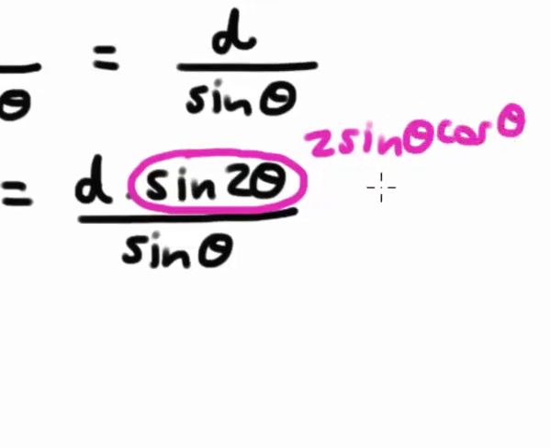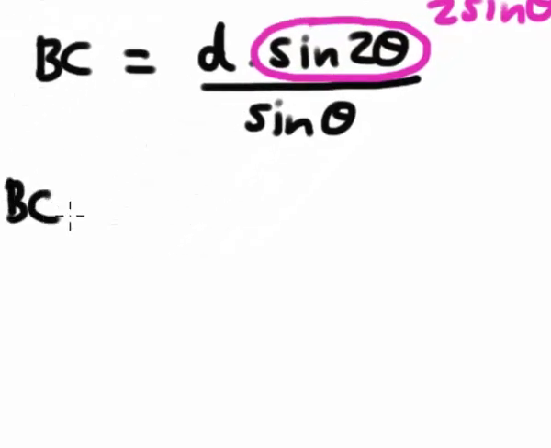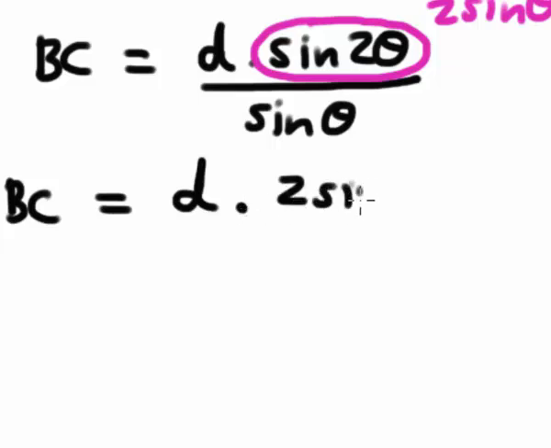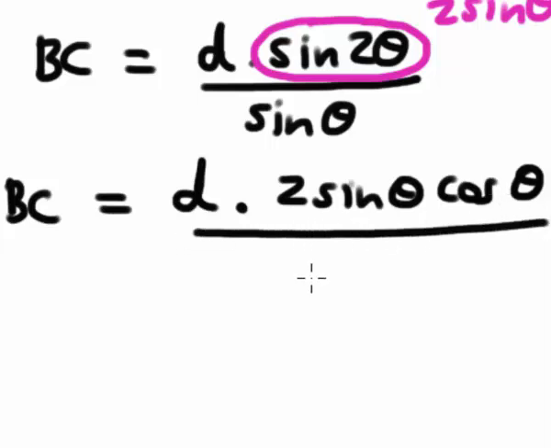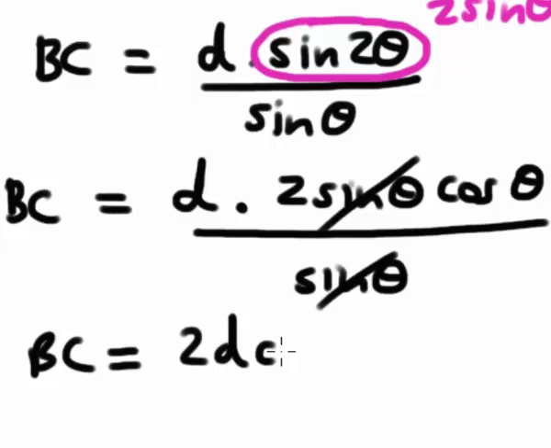That's a double angle. So we can say BC is equal to d multiplied by 2 sine theta cos theta, which brings in your cos theta there, divided by sine theta. Now these cancel, and you're left with BC being equal to 2 times d cos theta.